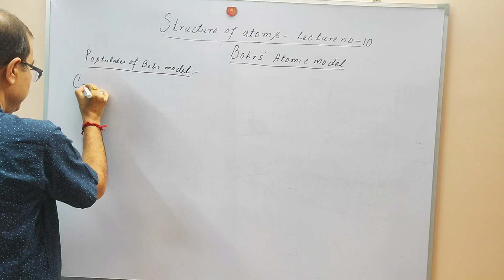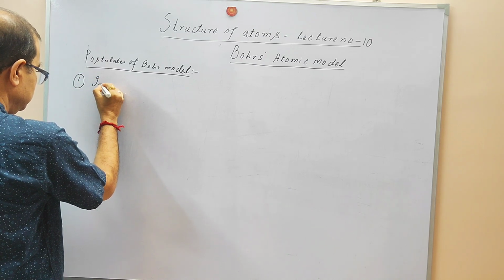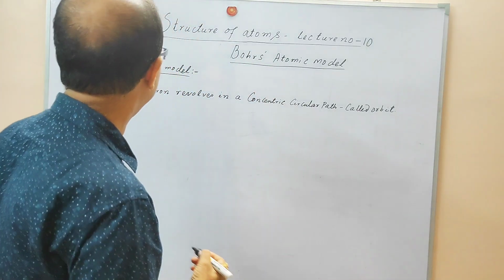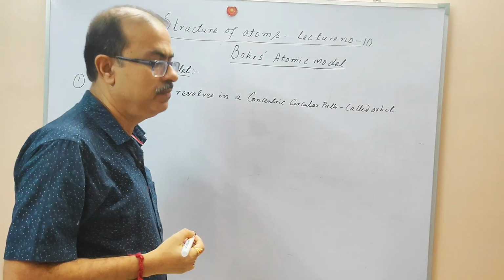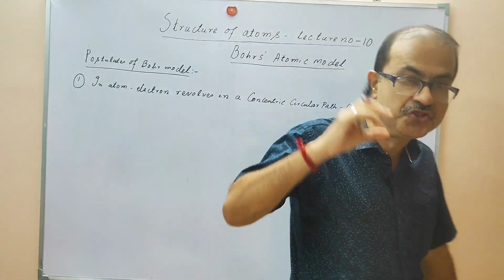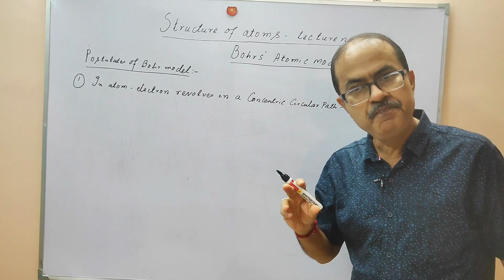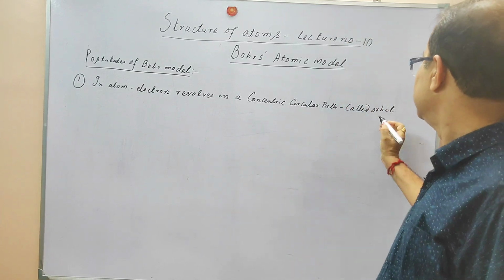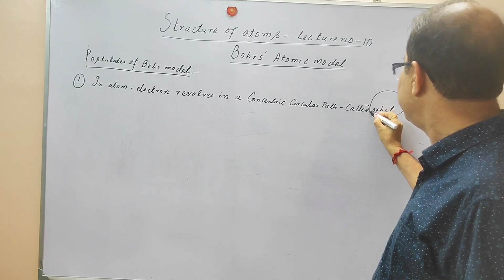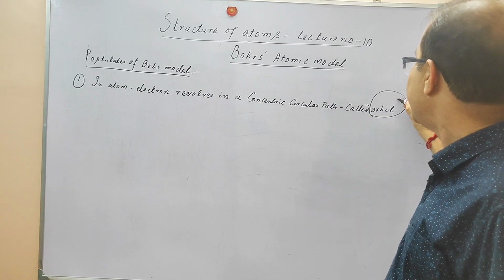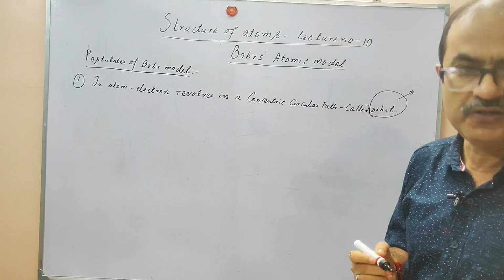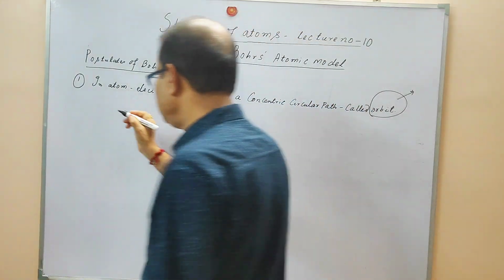The first postulate: you can see in an atom, the electron revolves in a concentric circular path and it is called the orbit. So the definition of the orbit is given by Bohr in his first postulate.